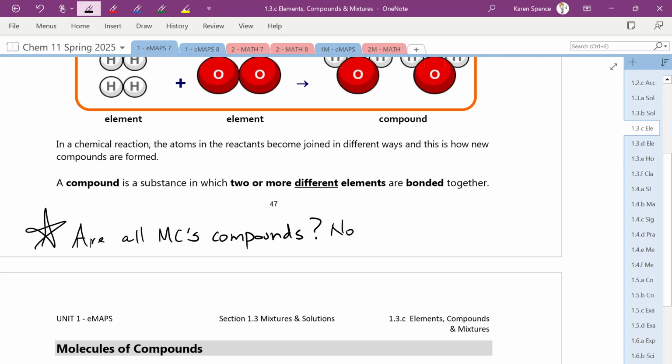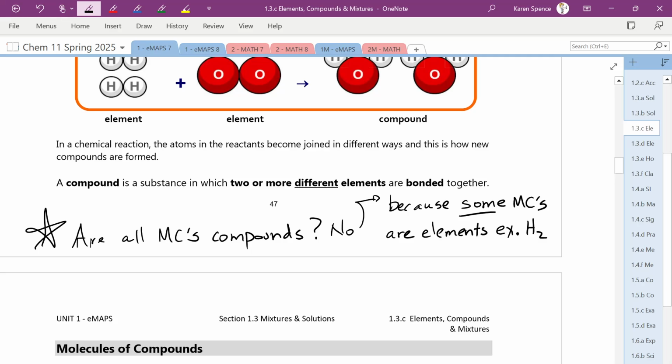Why? The answer is no, because some molecules are not compounds, but elements. For example, H2.